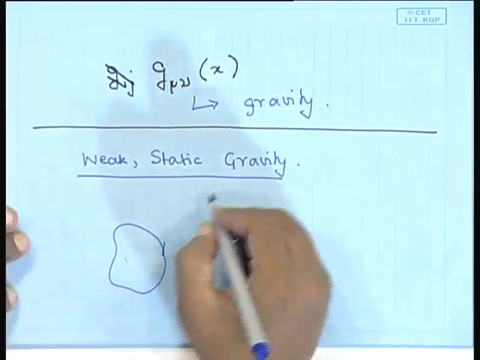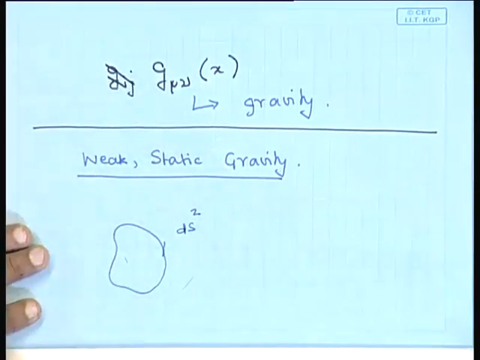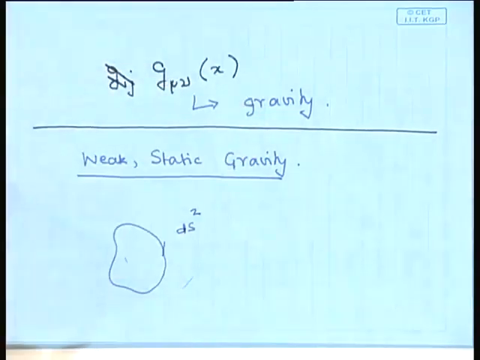So let me write down what the line element is in the weak static gravitational field around such an object like the Earth.